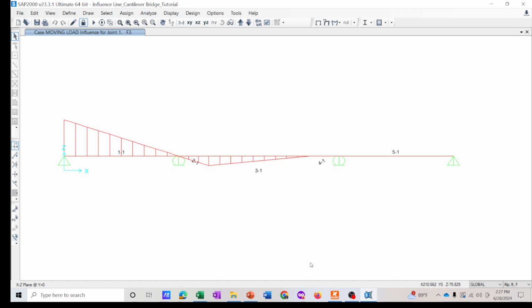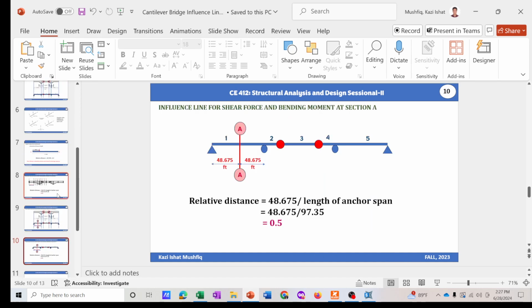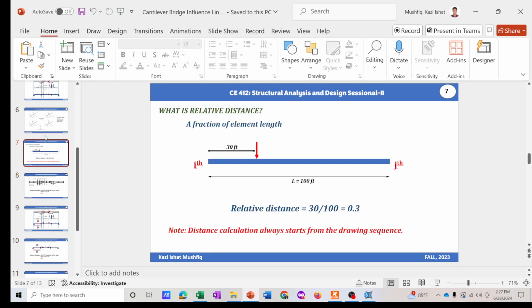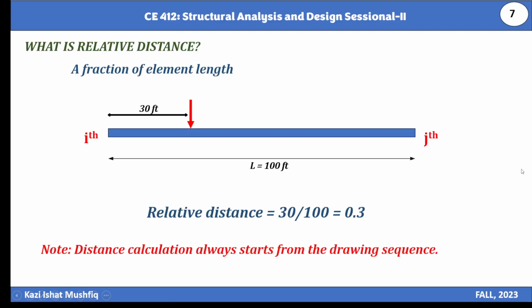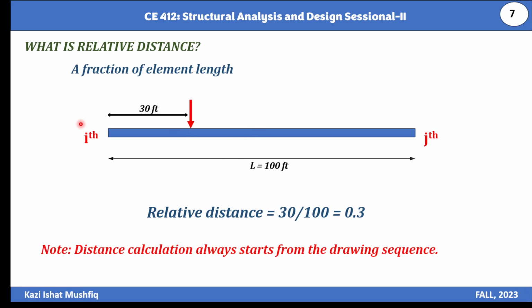And for this purpose, let's move on to our slide and see what is relative distance. We need to understand this relative distance concept for extracting our results from this influence line model. So here, for any frame element, you have your two ends.